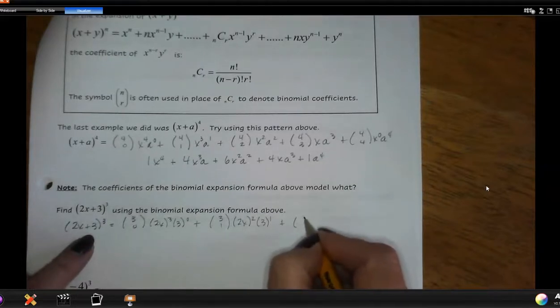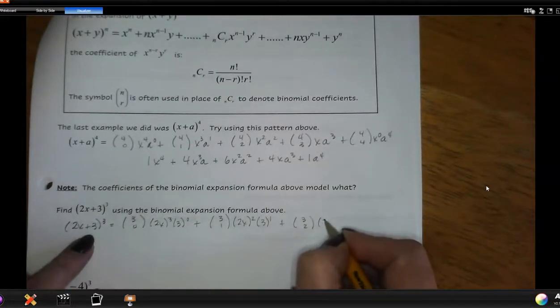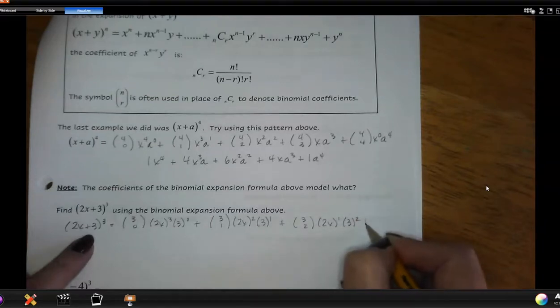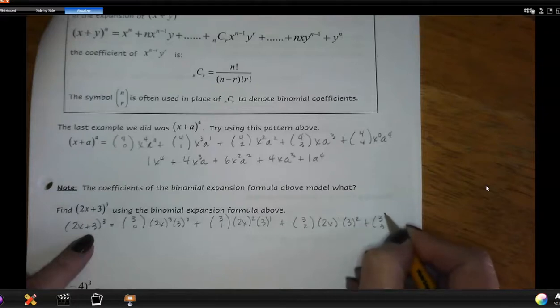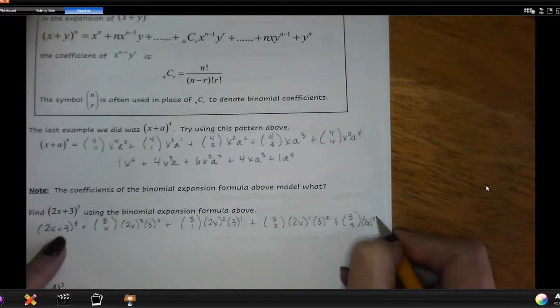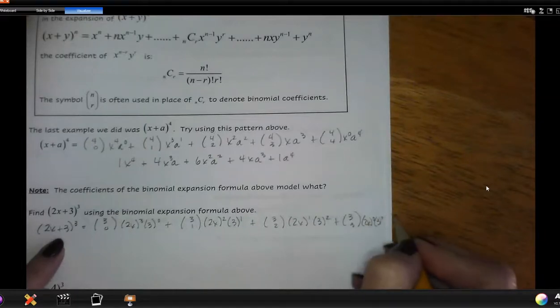Then 3 take 2 would give us 2x to the first power, 3 squared, and then 3 take 3, 2x to the 0 power, then 3 cubed.